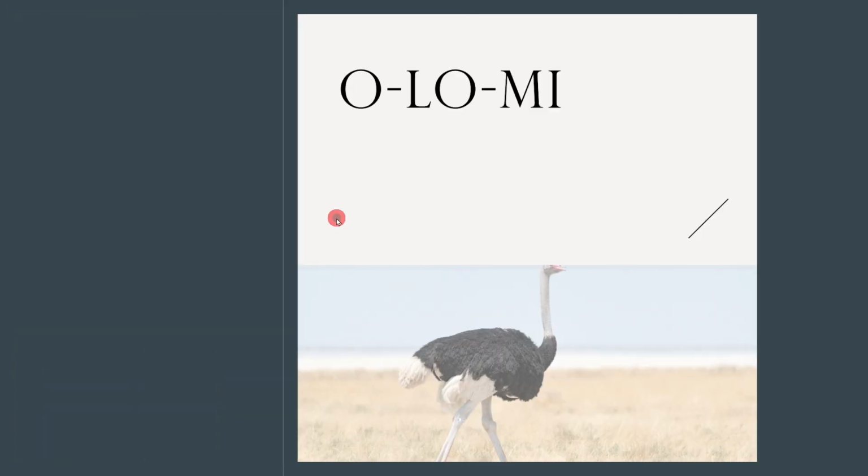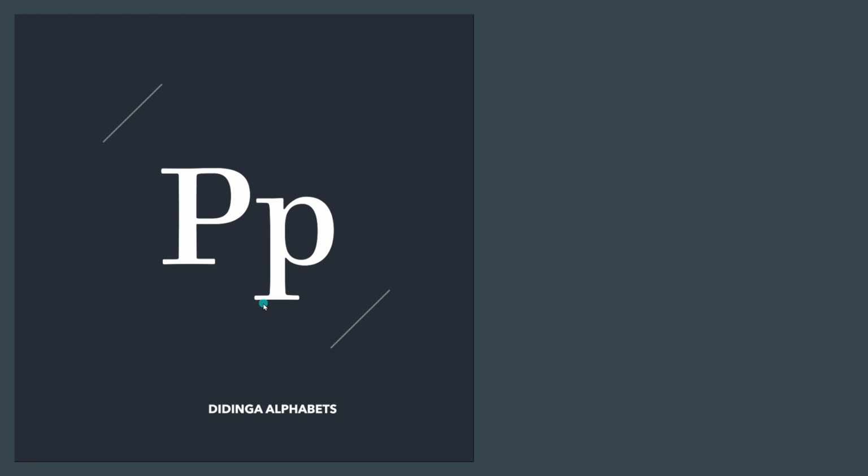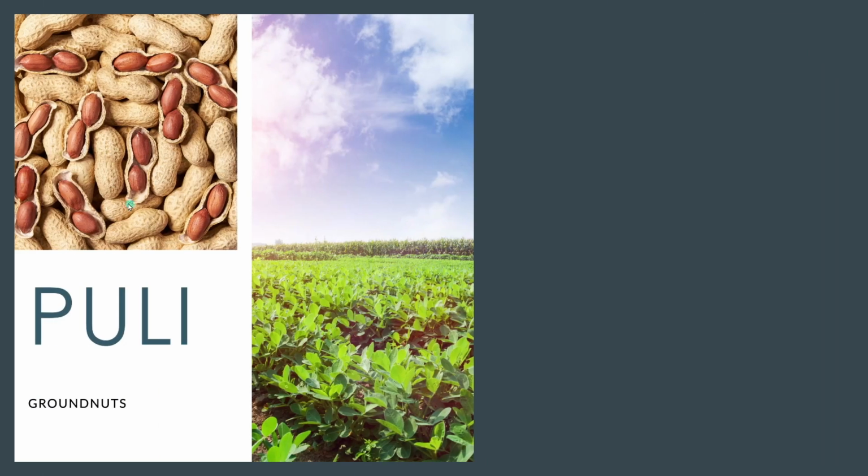So, ostrich. Next is abacha pa. Pa is for puli. Puli is the groundnut that we use for peanut butter. For those who don't know, the plants look like this. These groundnuts grow in the ground as roots of this particular plant.